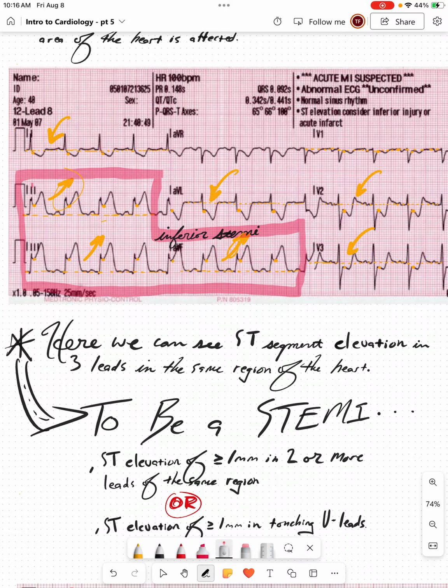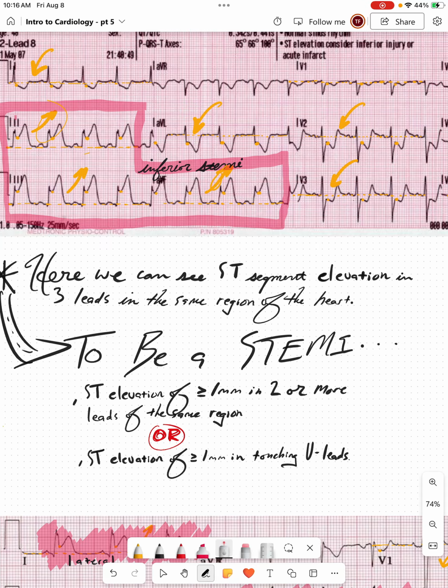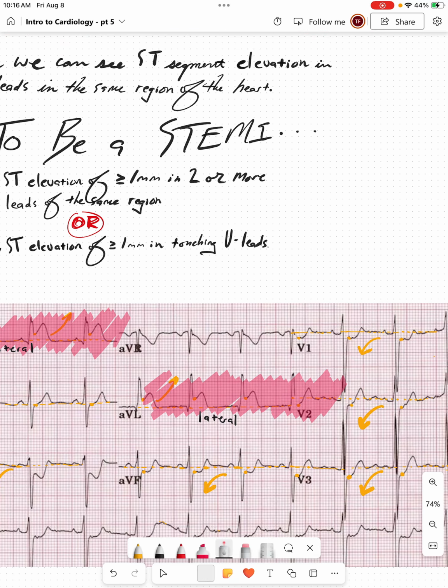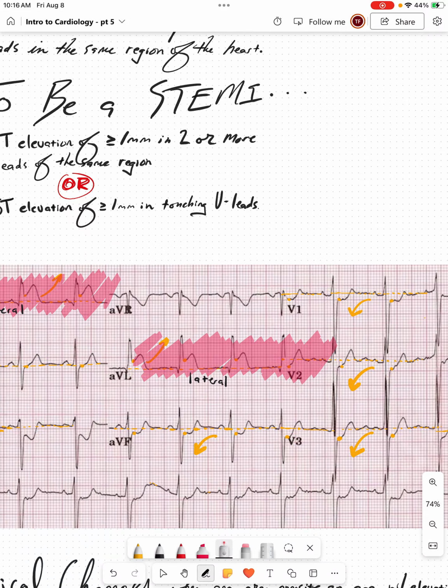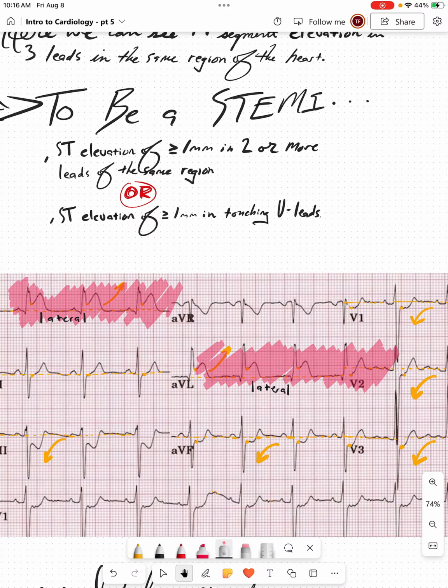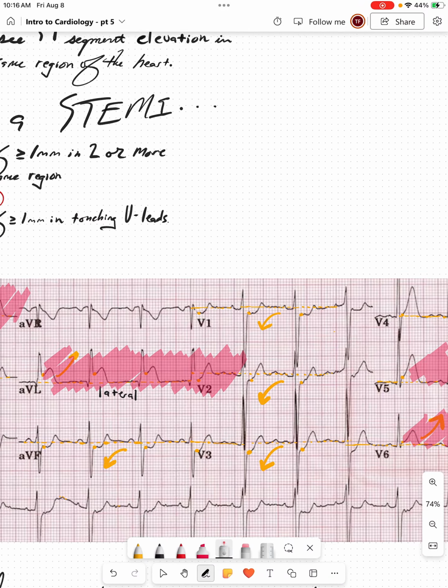So again, I have 3 leads here in the same geographic region that have ST elevation. In order for this to be a STEMI, I actually only need 2. But this patient is going above and beyond, they have 3. ST elevation can also count in the V leads to be a STEMI, as long as they are touching one another here.